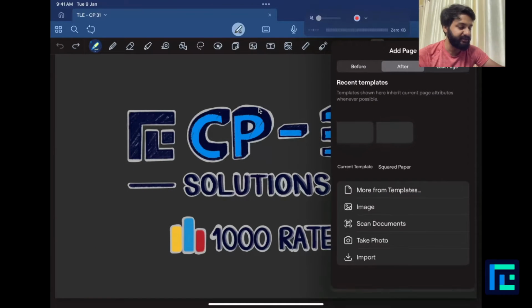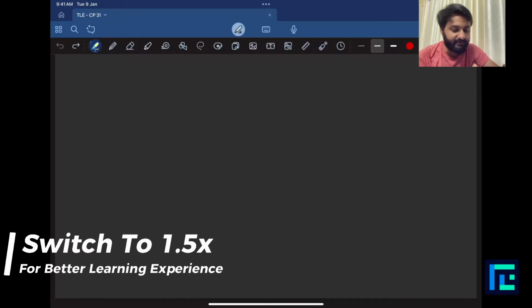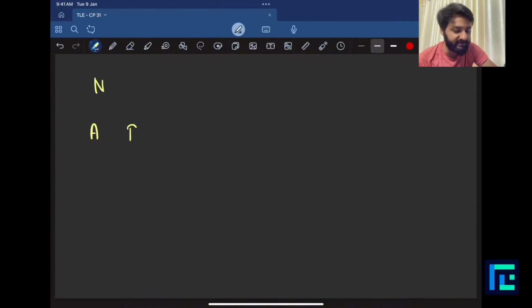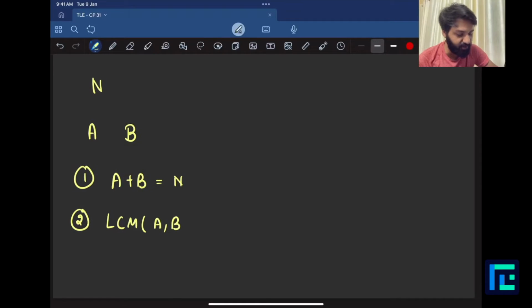Alright, so let us quickly generalize this problem. They are saying that they will give you a single variable that is called n, and they are expecting you to in return print two numbers, a and b, such that condition 1, a plus b is equal to n, and condition 2 is that the LCM of a comma b, let's say L, is the lowest possible.